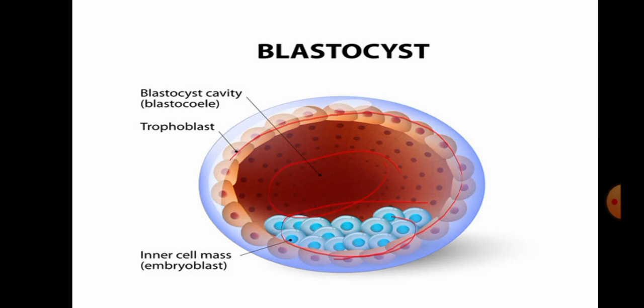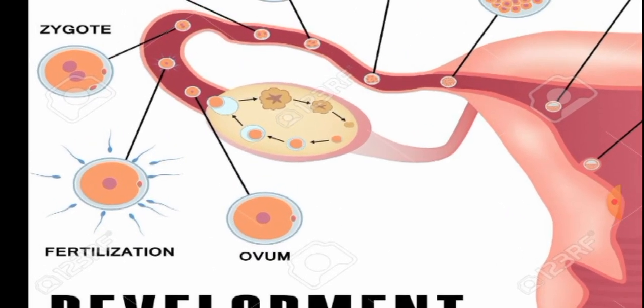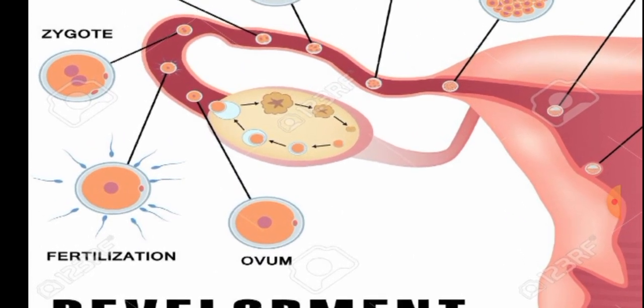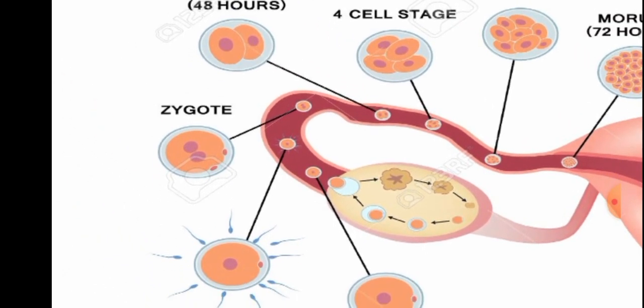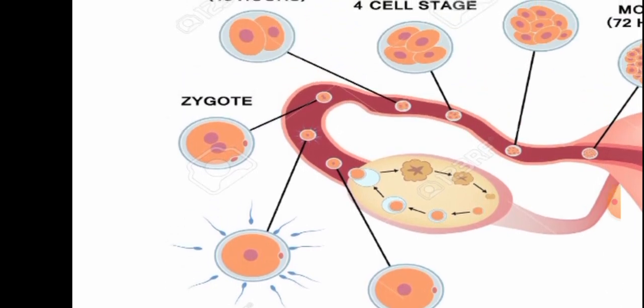This blastocyst will implant into the uterus. This process is known as implantation. Here in this picture you can see the ovum. First it is released into the uterine tube and then fertilization occurs, that is fusion of male and female gametes, and a zygote is formed.